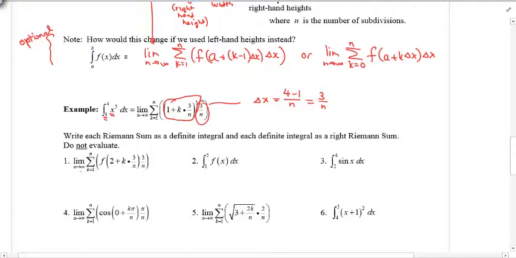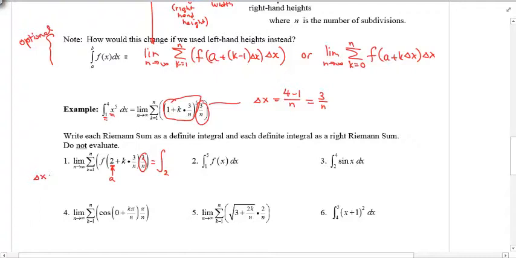So if this one, I'm going from the limit sum to the integral, hopefully you can see the following features. This 2 must be my a value, so I must be doing the integral from 2 to something. Now over here is 3 over n, and that supposedly is my delta x.